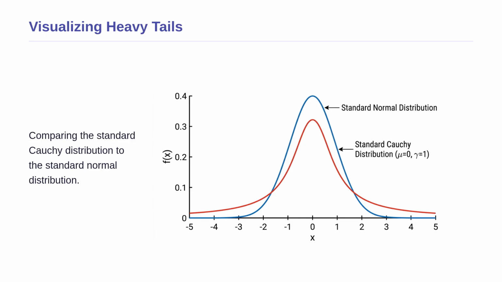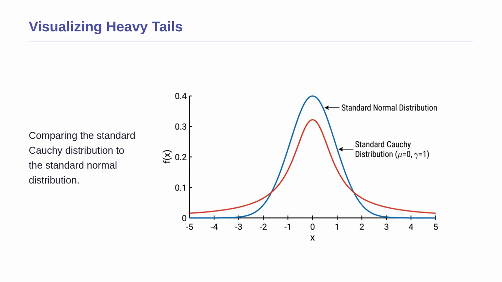To truly understand why the mean fails to exist, let us look at this visual comparison. The blue curve is the standard normal distribution. Notice how quickly it drops to 0 on the left and right, making extreme values nearly impossible. Now look at the red Cauchy curve. It stays lifted above the horizontal axis long after the normal curve has vanished.